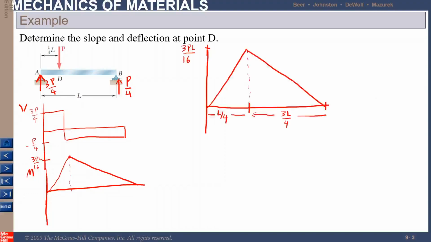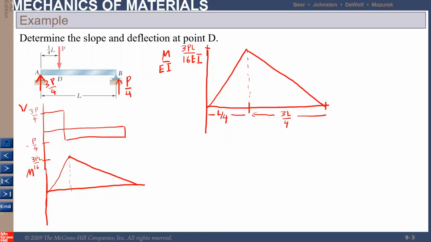All right, so this is our enlarged moment diagram. In order for us to use the formula, we need to divide our moment diagram into the M over EI diagram. So you just divide the whole thing, giving 3PL over 16 EI. The shape doesn't change, only the magnitude is changing.